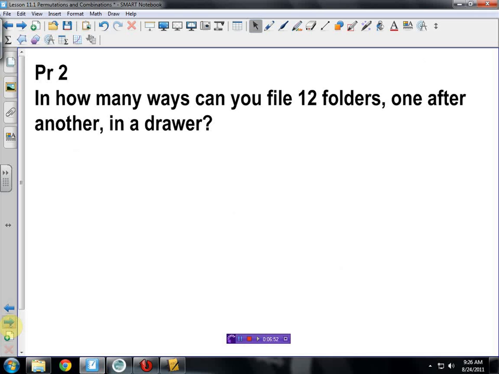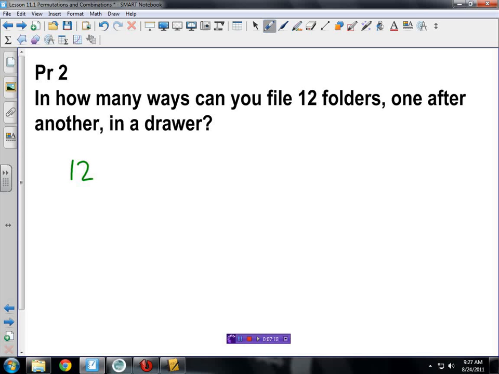Problem 2 in your books is how many ways can you file 12 folders, one after another, in a drawer? We could do this a couple ways. Let's first do it with the fundamental counting theorem, which says that we're going to multiply all of our options together. For the first spot in the drawer, we can choose from all 12 folders.